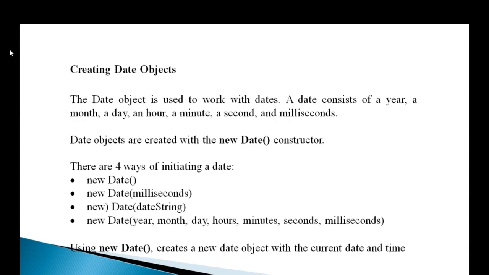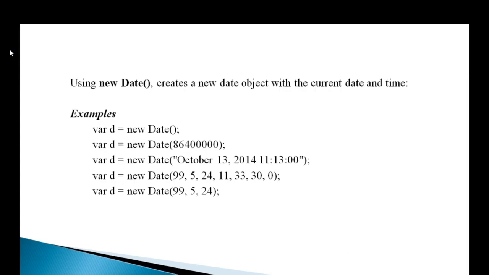Using this, we create a new date with the current date and time. For that, see here: d equals new Date(), or else another method with milliseconds. Next one is the string method. Last one is with year, month. So the first one is d equals new Date().